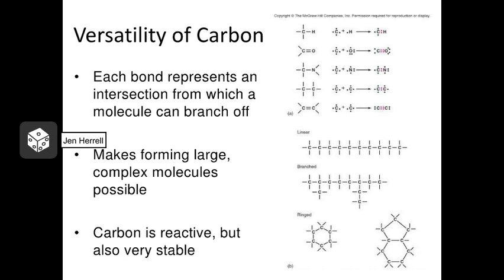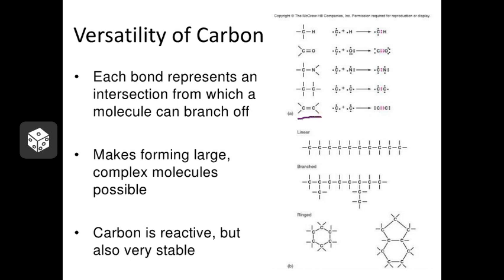Over here on the right, we have a whole bunch of carbon-based molecules. In other words, they have a carbon backbone, or we call them organic. And just look at all the different kinds of shapes of molecules that you can make using carbon as the backbone.